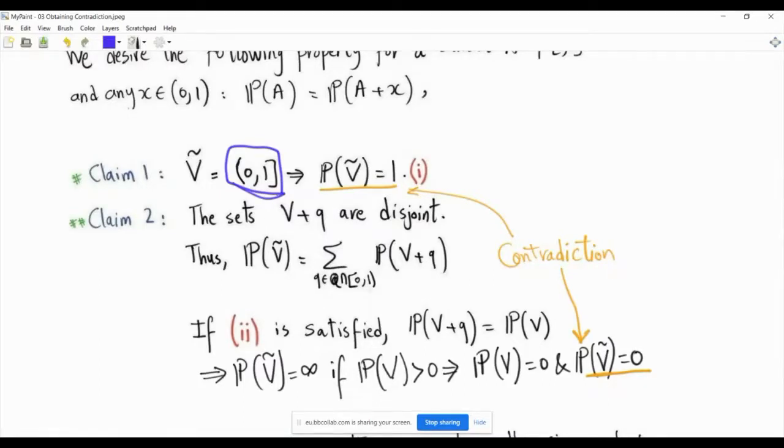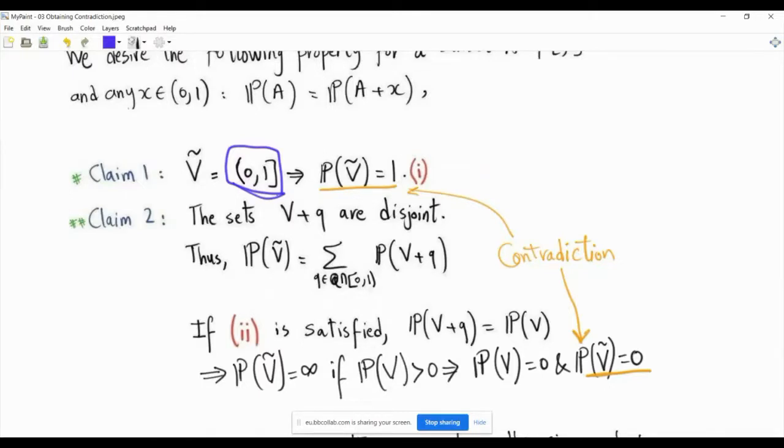The proofs of this claim and the next claim are in the notes. You can read them if you wish, you can skip them if you wish. V tilde, you can show, is the interval from 0 to 1, 0 excluded, 1 included.